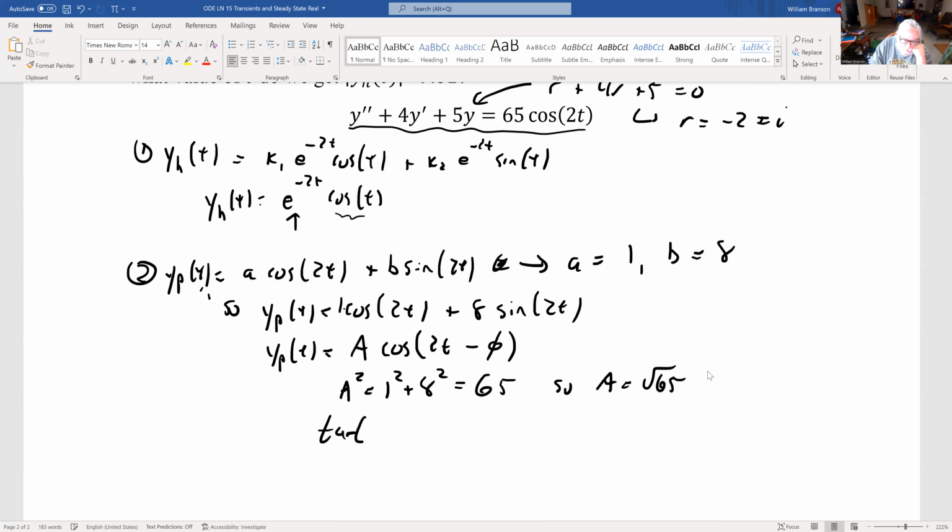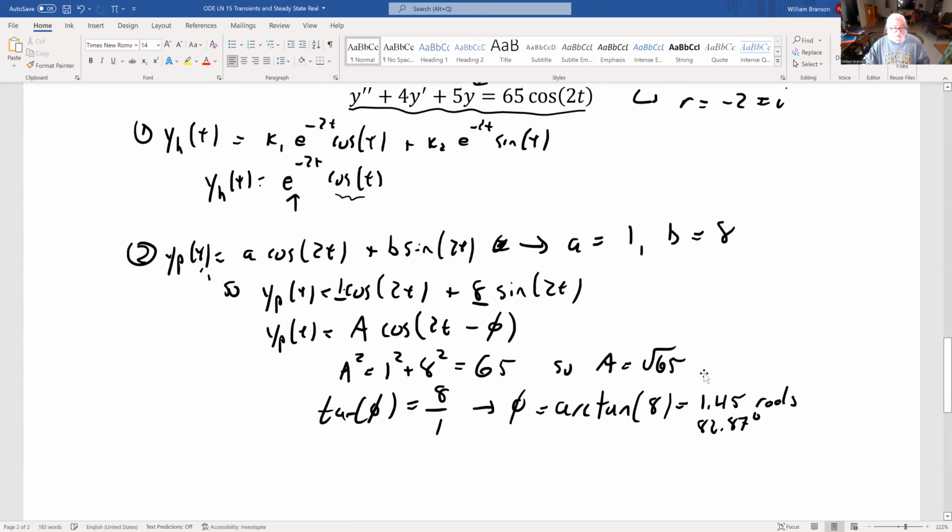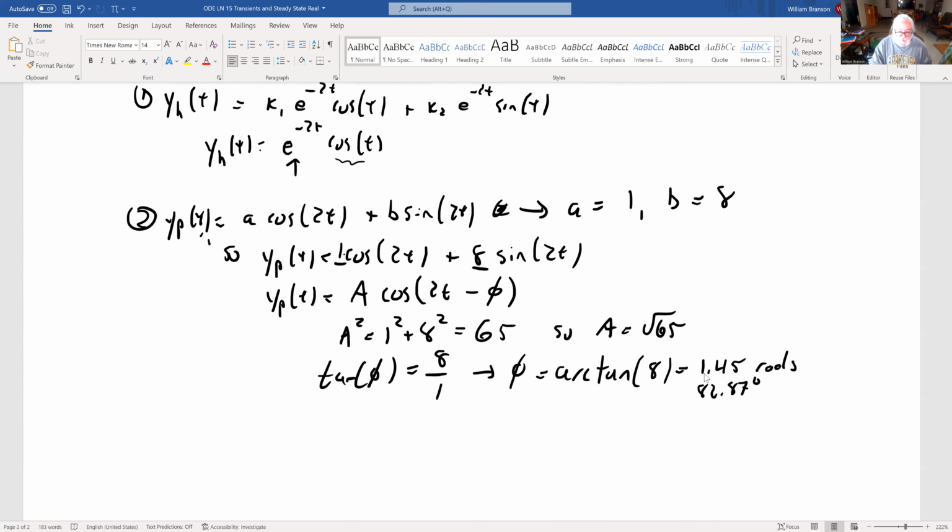Tangent of phi is the ratio of the sine coefficient to the cosine coefficient, which is 8 over 1. So phi is the inverse tangent, or arctangent, of 8, which is about 1.45 radians, or about 82.87 degrees. Great. So I'll just leave it as arctangent of 8 for now.